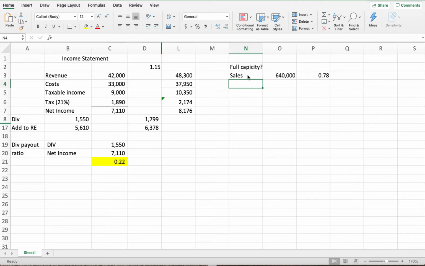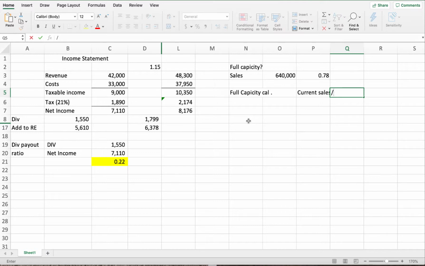So what we need to figure out is the full capacity calculation, which is current sales divided by our percent of fixed asset capacity.